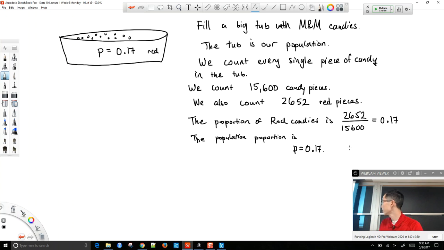Let's talk about the sampling distribution. So let's say we stir up the tub of candies, and I have a little scoop, and this scoop will measure out exactly 50 pieces of candy.